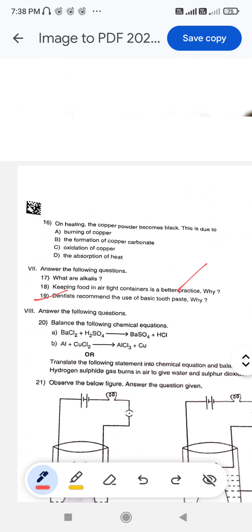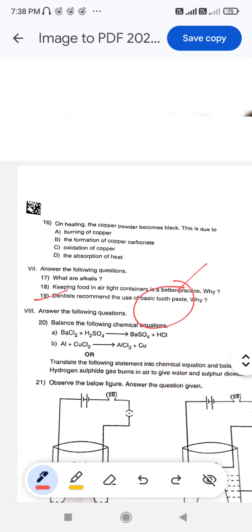The bacteria present in our mouth break down the food particles and produce sugar, and they also increase the concentration of acid. The particles are decomposed by the bacteria, which increases the acid concentration, and to reduce that concentration we use a basic toothpaste, which neutralizes the effect of the acid.